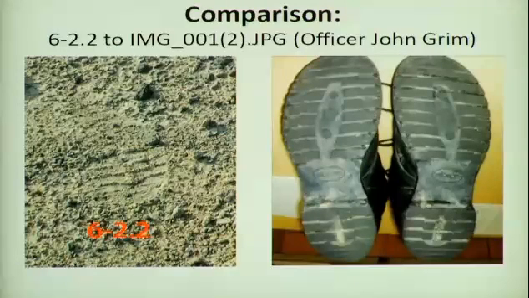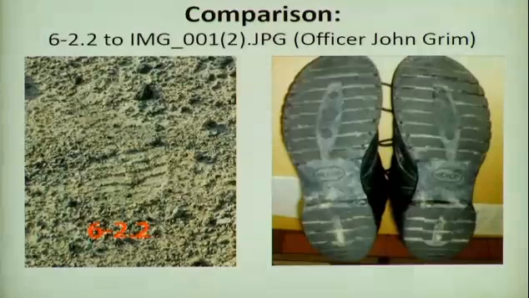Now, in the course of your comparison, were you able to find any similarities between any of the footwear of people who were at the scene? Yes. And who is that? Let me just withdraw that question. First of all, if you would describe 6-2.2, what does that show? 6-2.2 is a partial footwear impression, appears to be a heel. Okay.